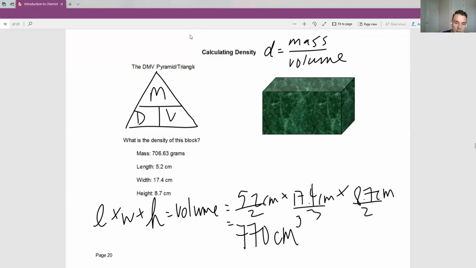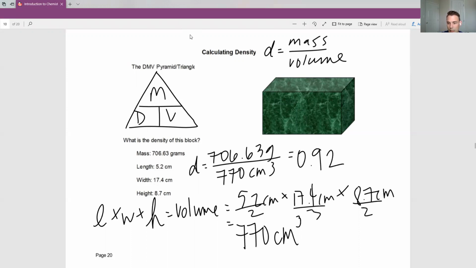So simply to calculate the density, 706.63 grams divided by, what is that, 770 centimeters cubed. Just put that in your calculator. We're doing division, so we want the least number of sig figs. So again, I need 2 sig figs in my answer, 0.92 grams per cubic centimeter.